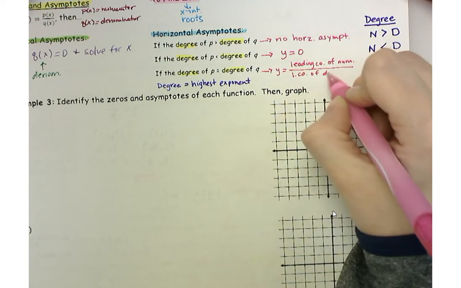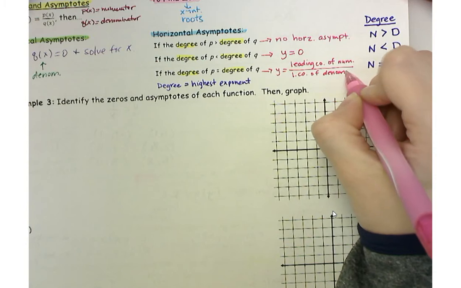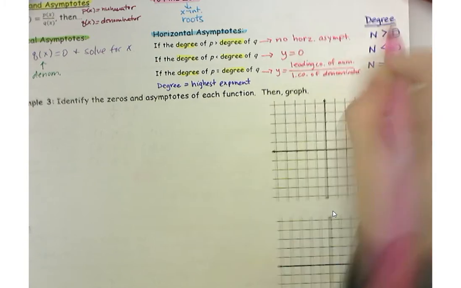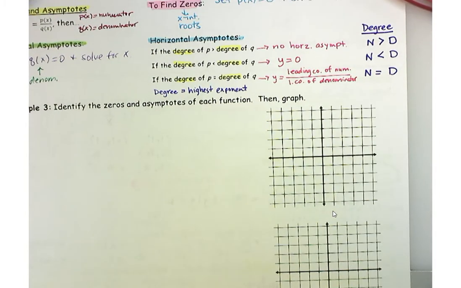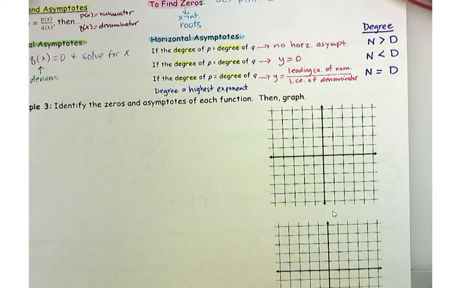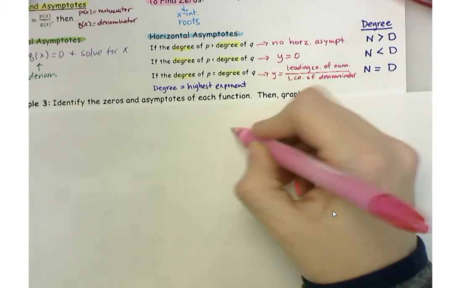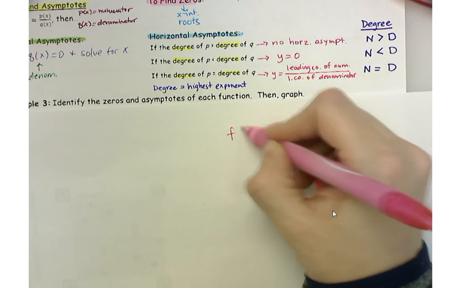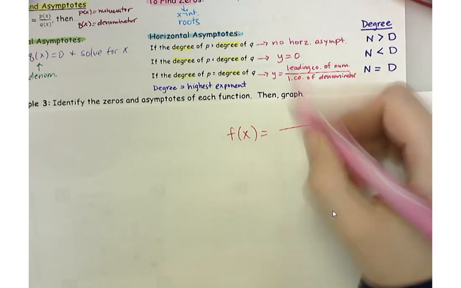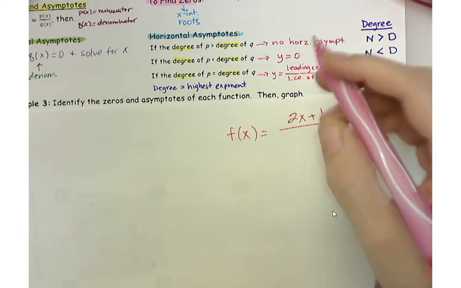Okay, so if the degrees are equal, what's the leading coefficient of the numerator? 2. What's the leading coefficient of the denominator? 3. So then this would be your asymptote, 2/3. Y equals 2/3. Okay, so when you looked at your graph, you would see it would get closer and closer to the value of 2/3.